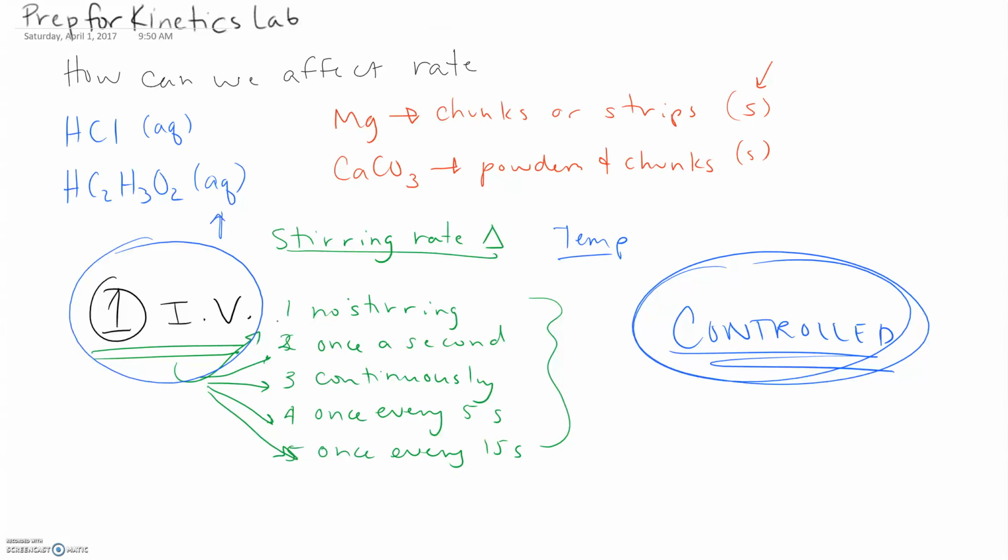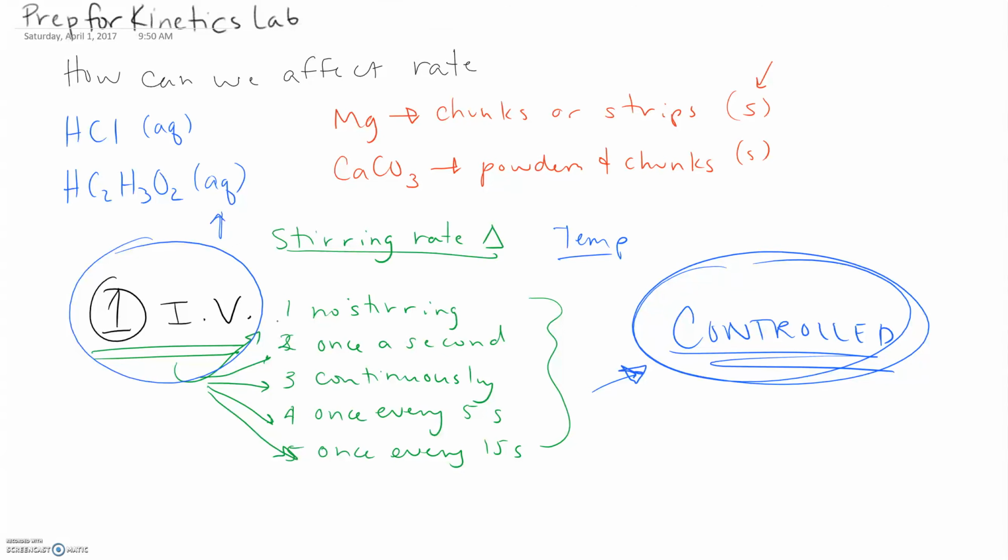So as you go through today, try to identify what you want your independent variable to be, identify the 5 iterations that you want, and then identify how you will control for everything else. And the worksheet that you're going to be using is going to help you to go through those things and identify what it is that you want.